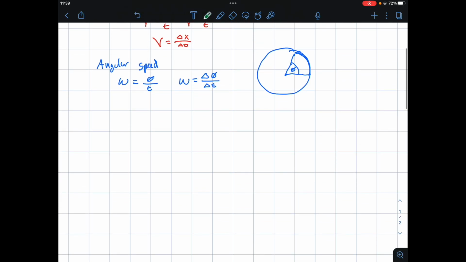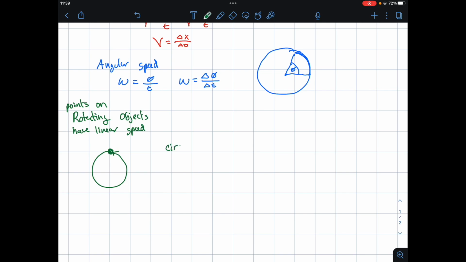And then recall that we said that rotating objects also have linear speed at each point. Or I should say, points on rotating objects have linear speed. So for example, if I have a point here and I'm rotating around in space, that point does have some linear speed.